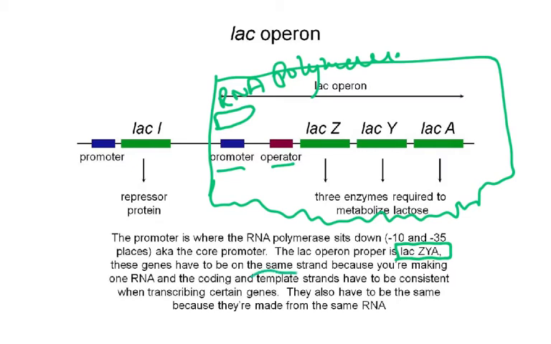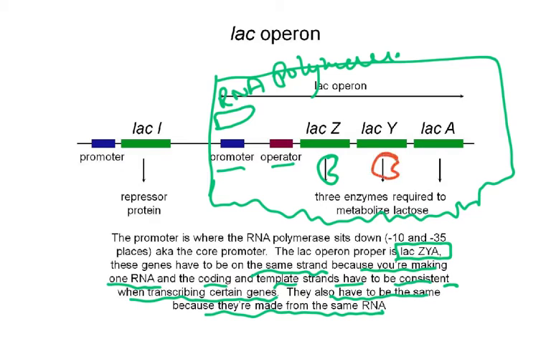These genes have to be on the same strand because you're making one RNA, and the coding and the template strands have to be consistent when transcribing certain genes. They also have to be the same because they're made from the same RNA. So there's going to be an enzyme made here, then an enzyme made here, and then an enzyme made here.